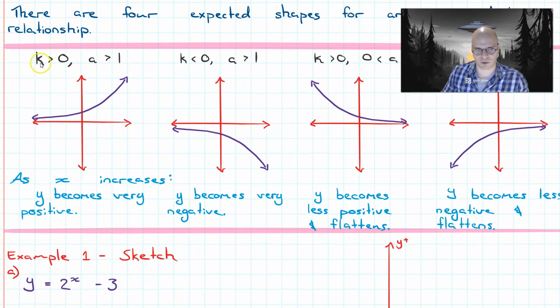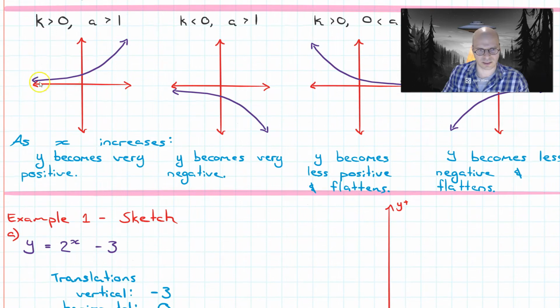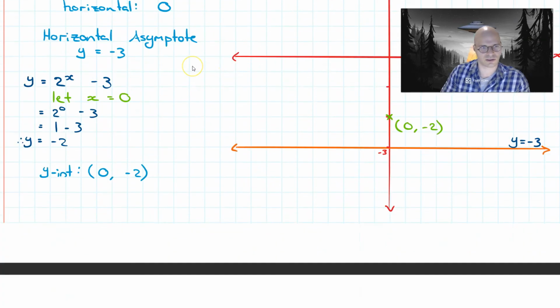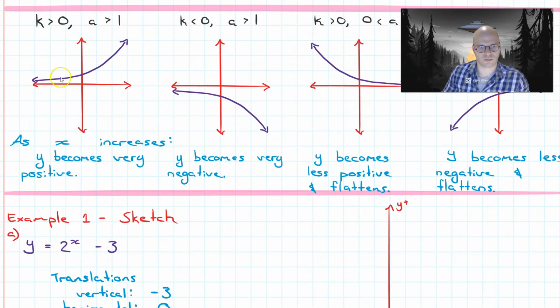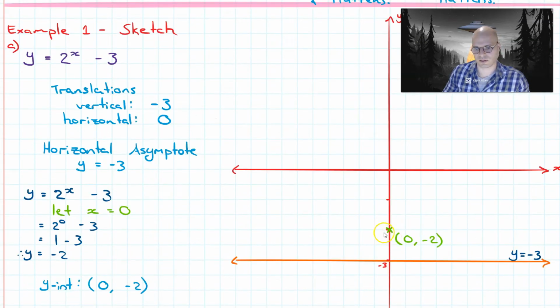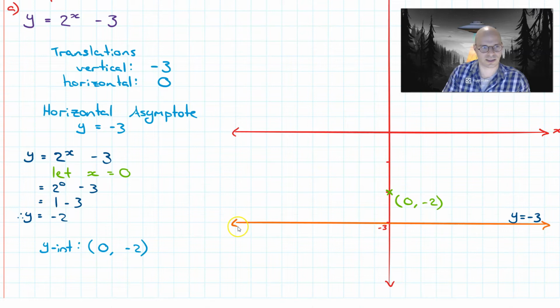So I'm looking for positive k, positive base, and that's going to give me this shape over here. So all I need to do is match this shape such that it cuts through this point here and it approaches this asymptote here.